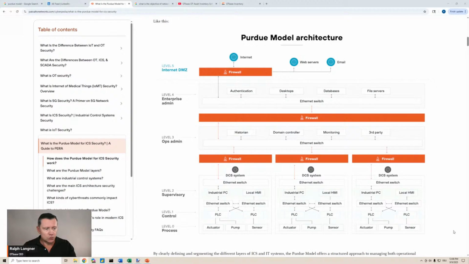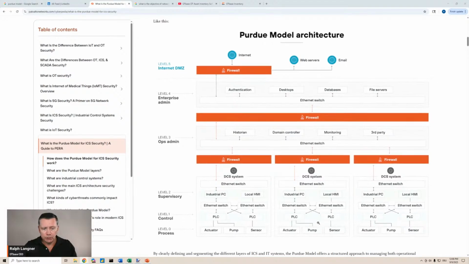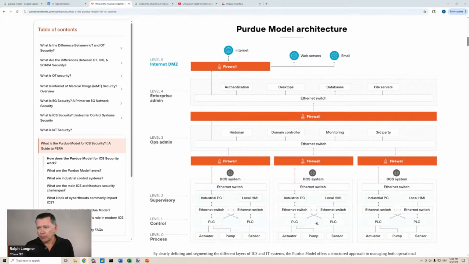And then you have the control level or category where you find the PLCs, and most people also include the RTUs here. This is where you have some kind of automated control over those actuators, and the actuators are manipulated in real time based on the sensor values, as simple as that.